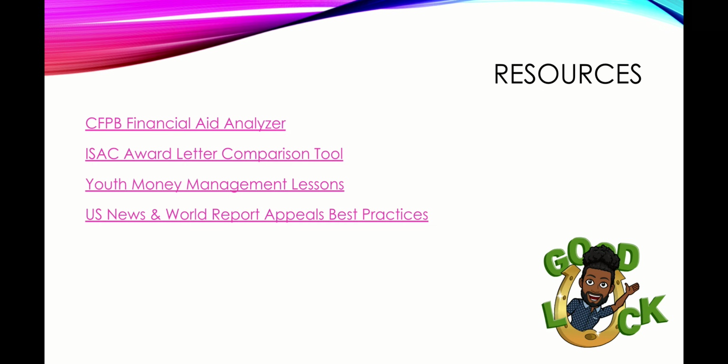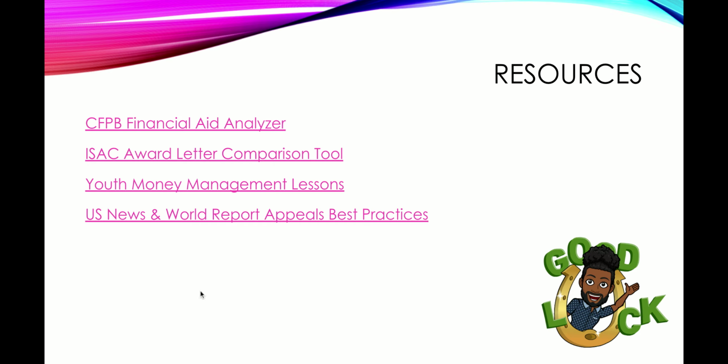Okay? So when it comes to additional resources, the Consumer Financial Protection Bureau has a wonderful financial aid analyzer. It's going to walk you through. In order to complete that, you need a financial aid award letter and any loan documentation that you have, and it's going to ask you for specific information and tell you, based on this information, here's the gap and here's what your next step should be.